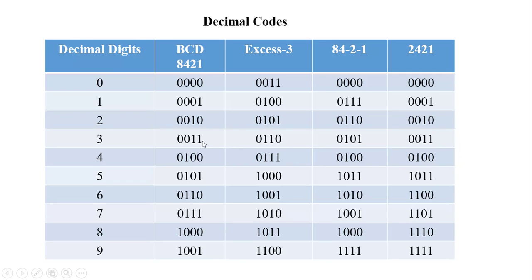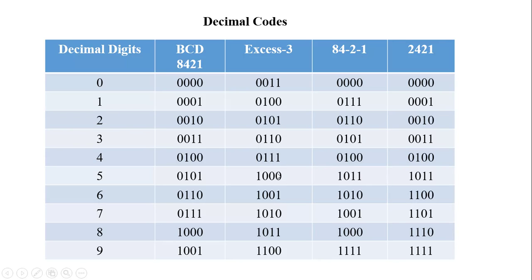If we add 3 to the BCD of 3, 0011 plus 0011, we will get this code. Look, this is a self-complementary code. The complement of this is 1100, and 1100 is present, so the complement is present. The complement of 0111 is 1000, so it is also present.